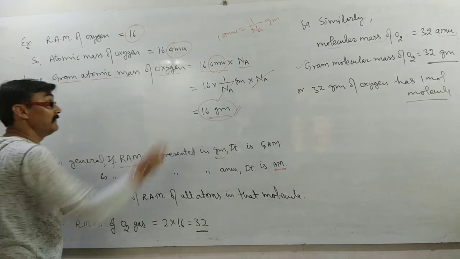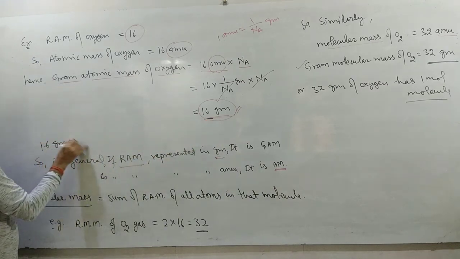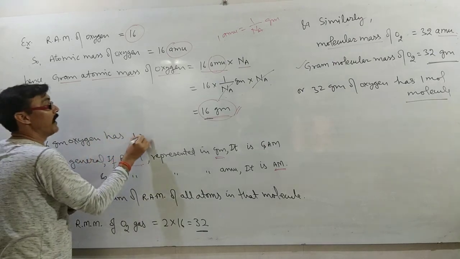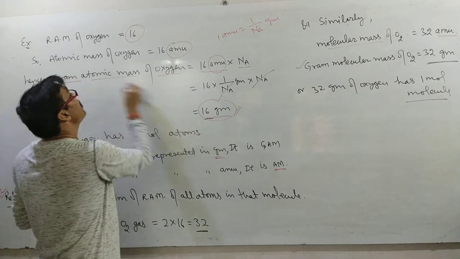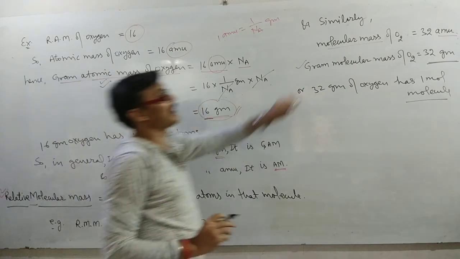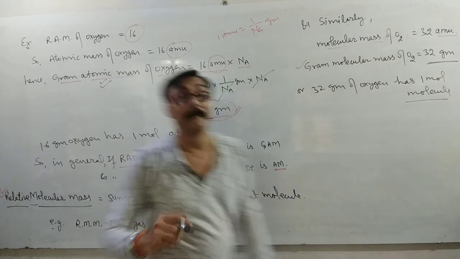On the other hand, 16 gram oxygen has 1 mole atoms, because it is gram atomic mass of 1 mole atoms. It is gram molecular mass of 1 mole molecules. Okay?